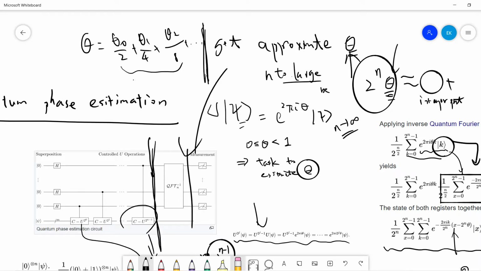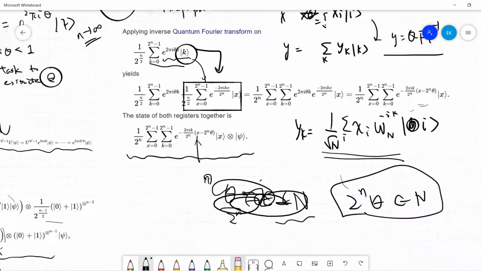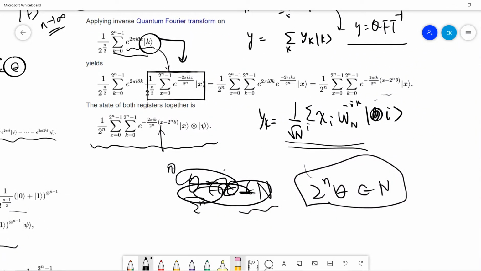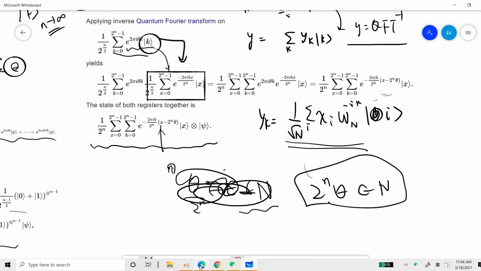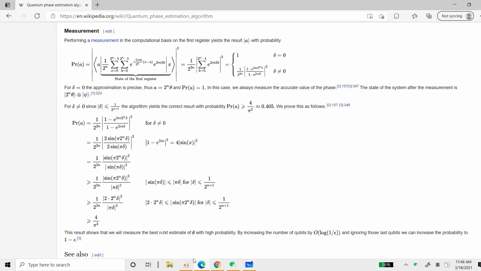Basically, the idea is that you just truncate. After you do this, you measure. If you measure this a, then you will get a good approximation for this theta. So the idea is that you can measure n bits of estimation of theta with high probability, by increasing the number of qubits by this one.